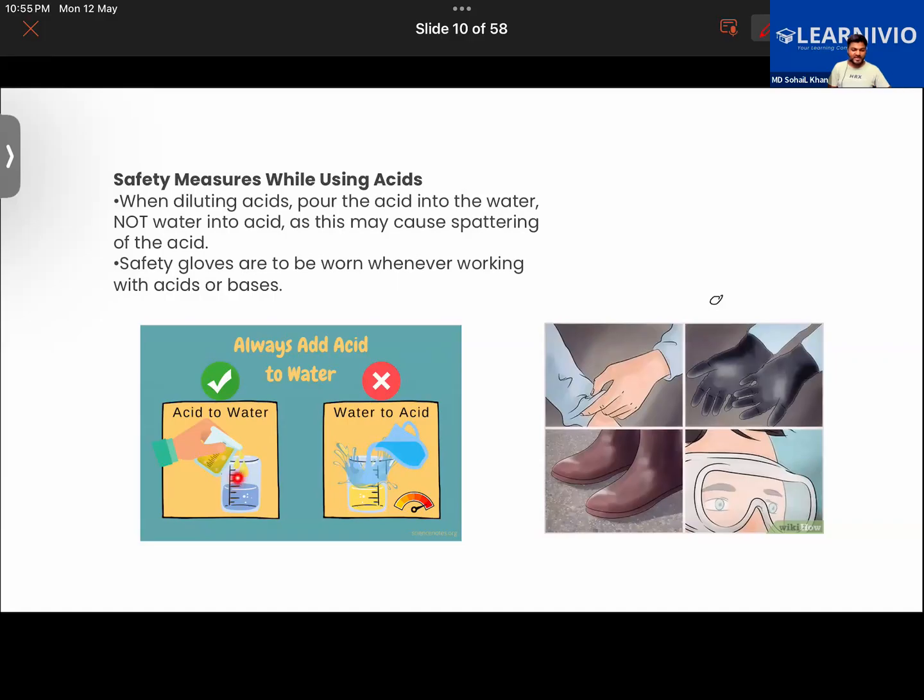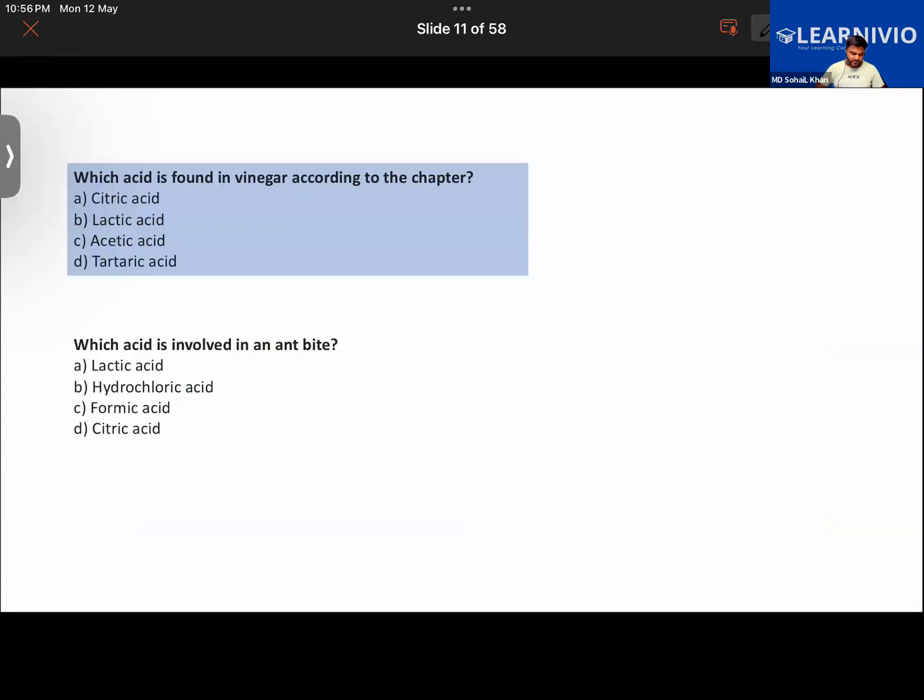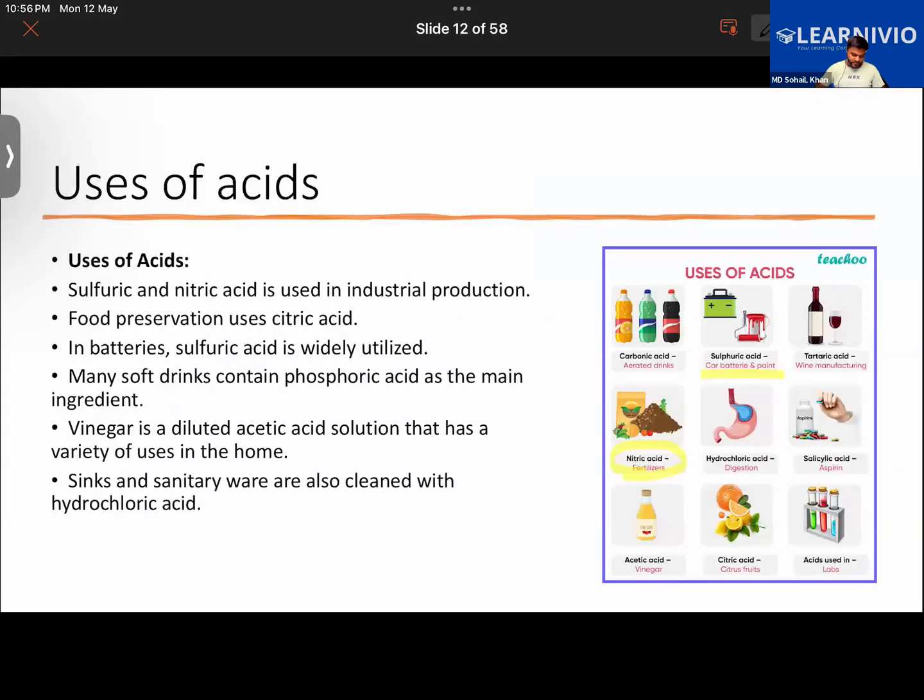With a stirrer, like a glass rod, keep stirring and mixing it. That is the correct method: we should always add acid to water and not water to acid. Other than this, we need to wear safety gear, safety spectacles and gloves.